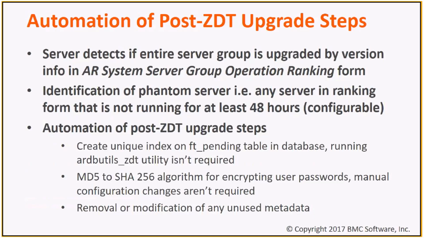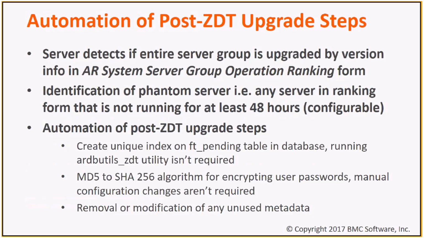So to ensure that, we have automated all this process, which we had to make you do. So no more going to the ranking form and making changes yourselves. We make the changes as part of the installer itself, and this is done by something called an upgrade mode. So the server understands what an upgrade mode is, and the installer sets the upgrade mode for that server. So the server takes care of fixing the rankings.